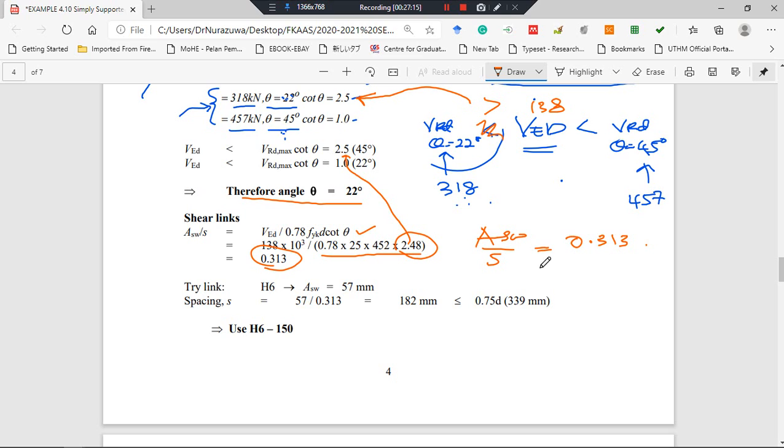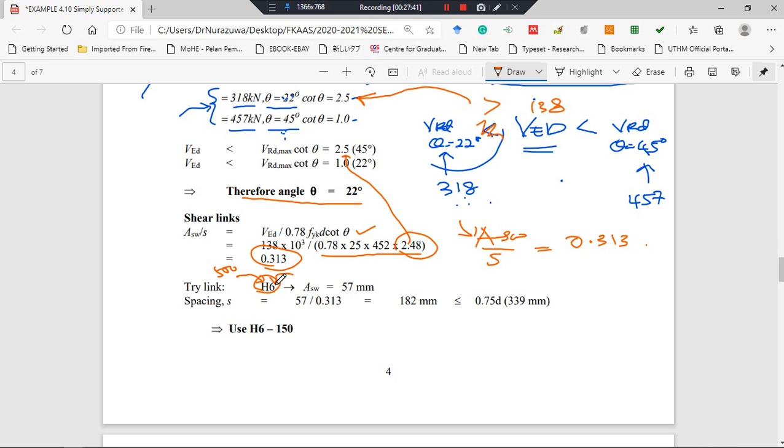So from this, ASW over S we get 0.313, and we need to solve this equation by proposing the area for the shear link. For the H6, the H with diameter 6, H here means the strength is 500.